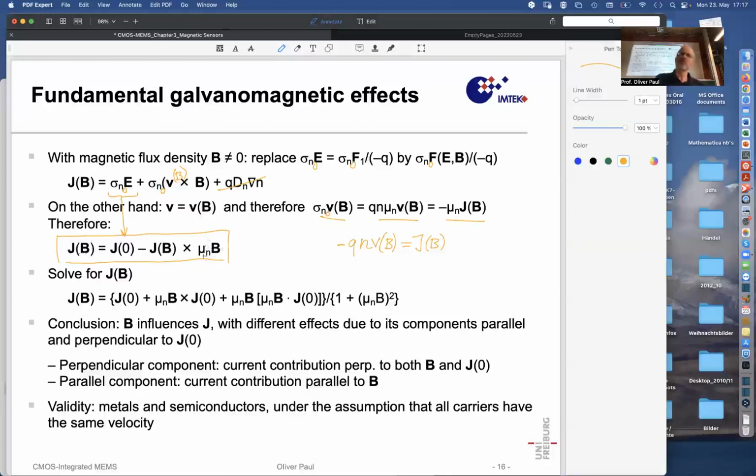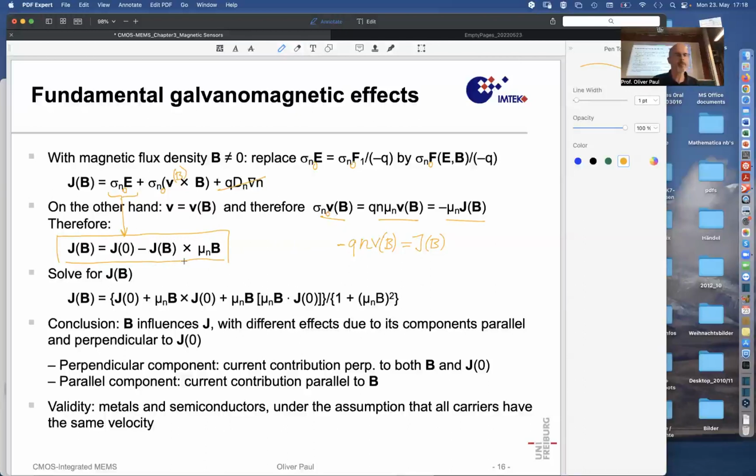if I know where the B shows, and if I know where the current flowed without B. This is the current density without B. Here we have the current density with B, here also, and here we have the B that causes that J to change, whatever direction or intensity, we don't know.